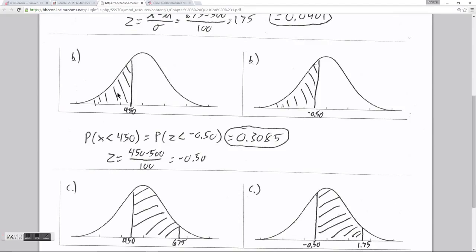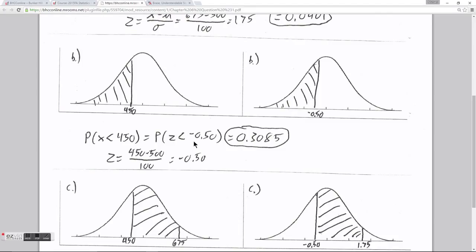To find that area, I'm going to use the standard normal curve and find the area to the left of z is negative 0.5. I got that z value by converting it. 450 minus 500 divided by 100 gives me negative 0.5 standard deviations away from the mean.